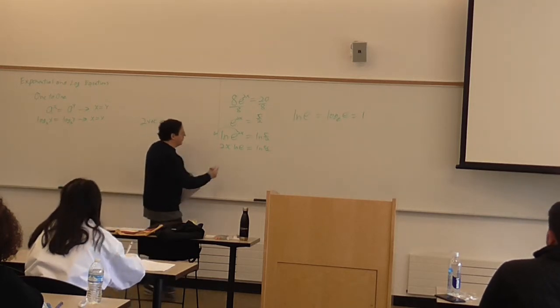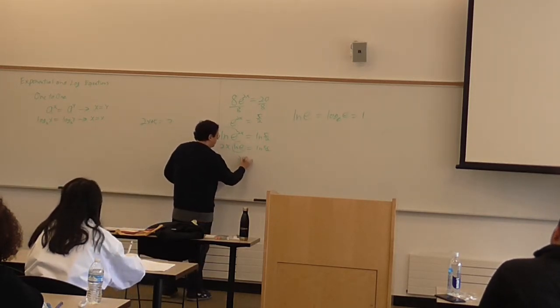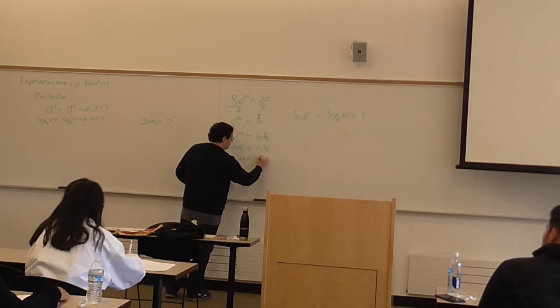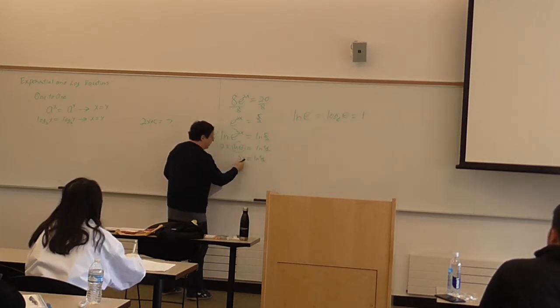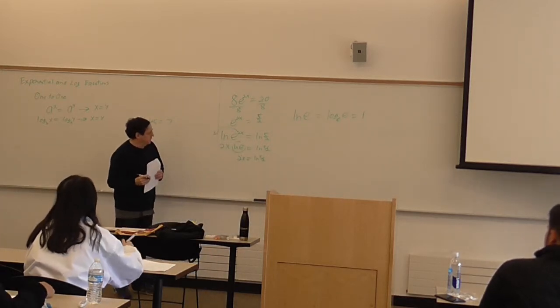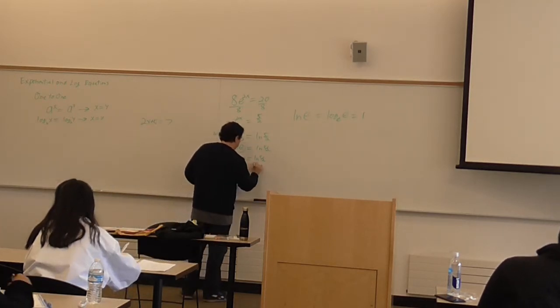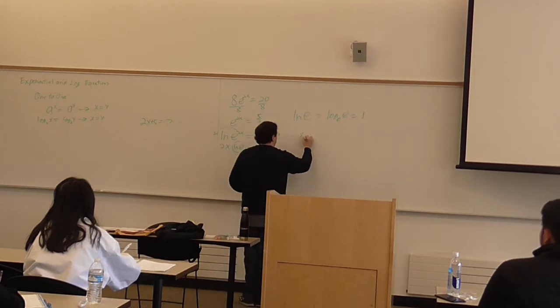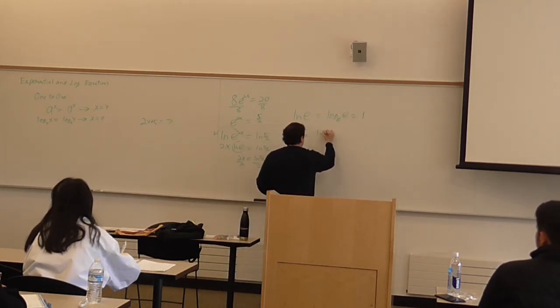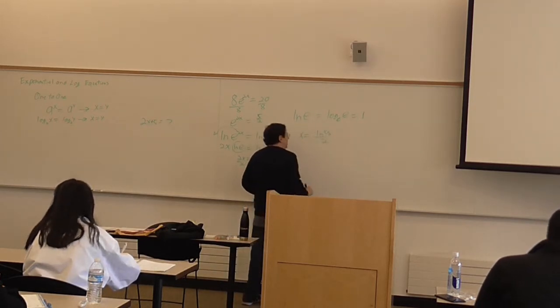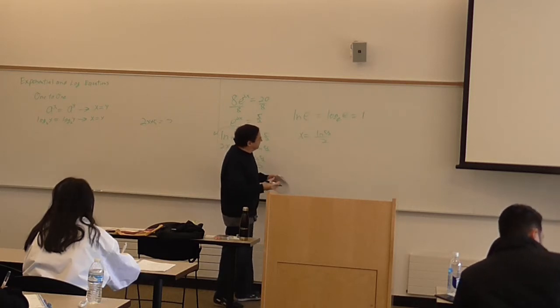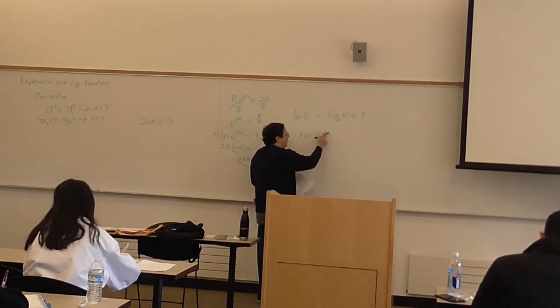Okay. So that's 1. So we just have 2x equals log of 5/2. What do I do with that? Thank you. Divide by 2. And I just say x equals log of 5/2 over 2. We're not going to evaluate this.